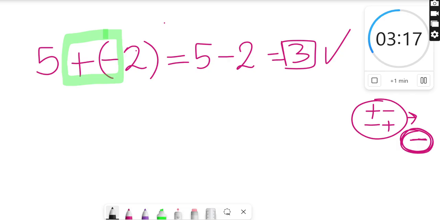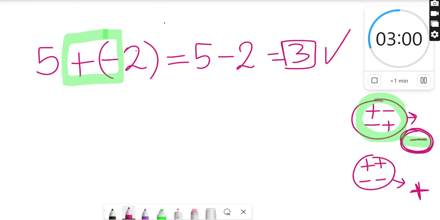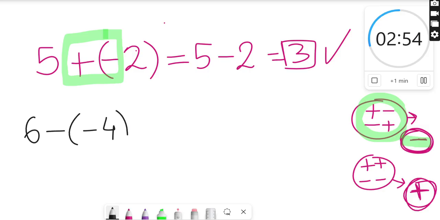That's the most important part of today's lesson. So whenever we have double signs, we remove the double signs. How do we remove them? If we have plus minus, it turns into minus. Different signs, minus. But if we have same signs, plus plus or minus minus, they will always give us a positive. So let's say we have 6 minus and then in brackets minus 4.